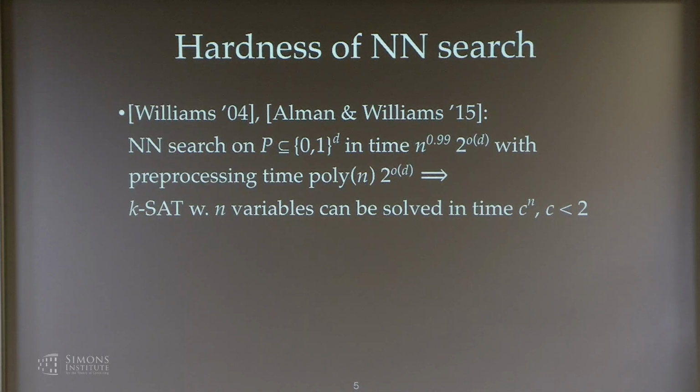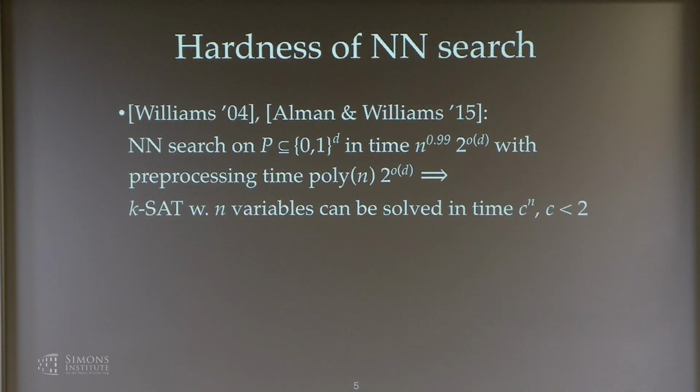There are different ways of formulating this hardness, but here's one of my favorites. It's due to Williams, and developed a little bit more by Abboud and Williams a couple of years back. We're looking at a very simple space, just the Hamming cube in d dimensions, and suppose we're able to do near neighbor search in just slightly sublinear time, so just n to the 0.99, and with time that is also sub-exponential in d.